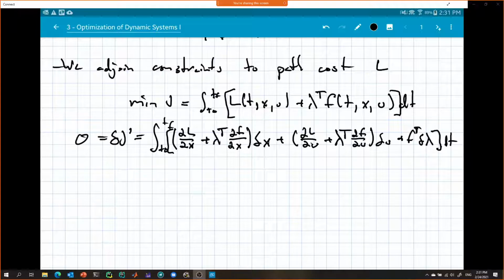Okay, I forgot to note that this lambda here is a lambda with respect to time, so this is a function too.